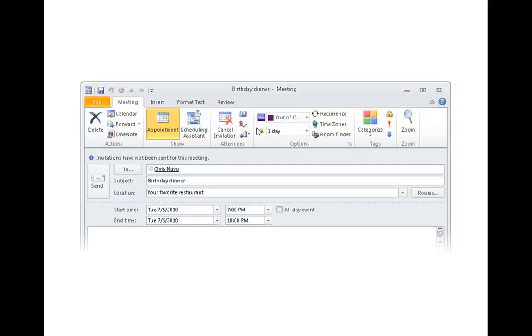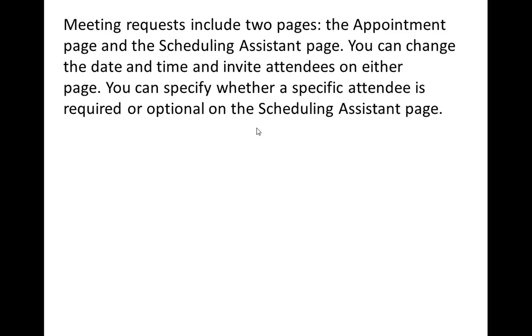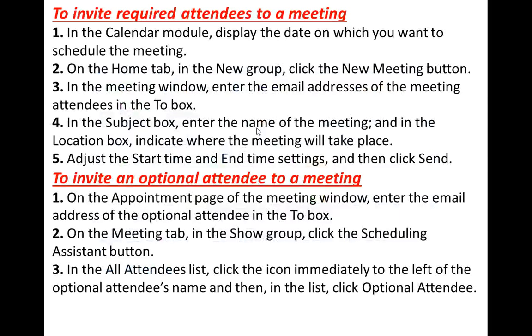Then we also discussed how to create and manipulate meeting requests available in Outlook 2010. We also talked about how to invite required attendees to a meeting and how to invite optional attendees.